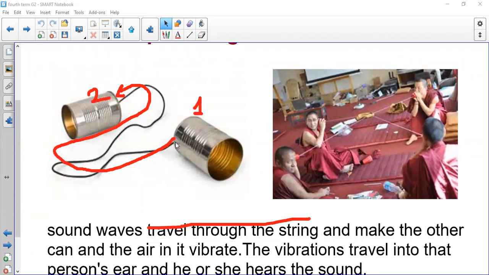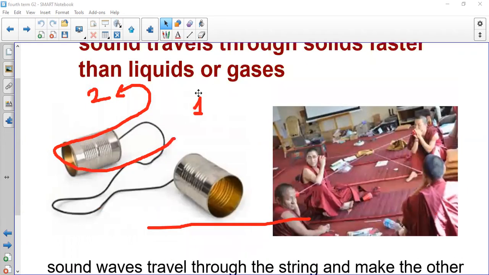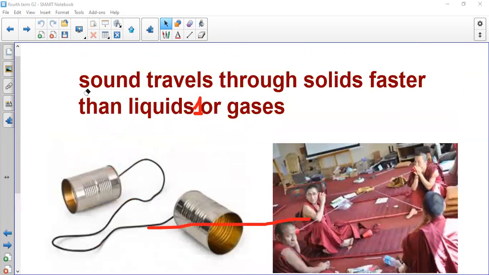There's something important that I want you to know because it usually comes in exams. Here it is telling you that sound travels through solids faster than liquids or gases. Please, I want you to memorize this sentence very well. Sound travels through solids faster than liquids or gases.